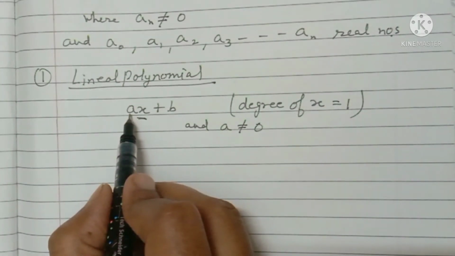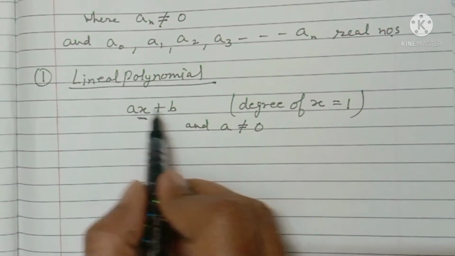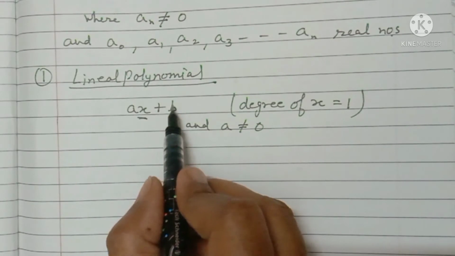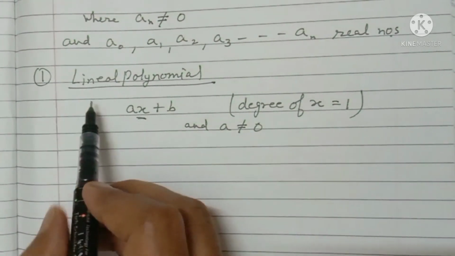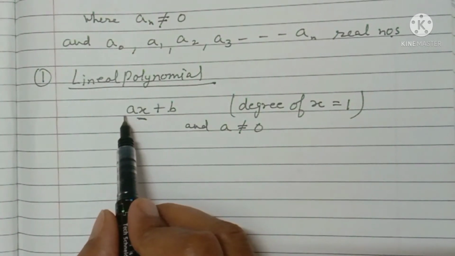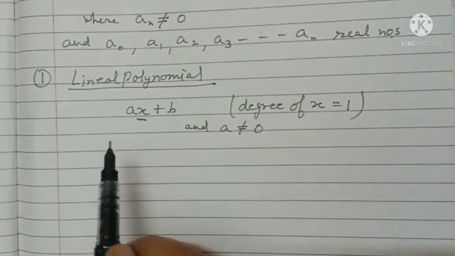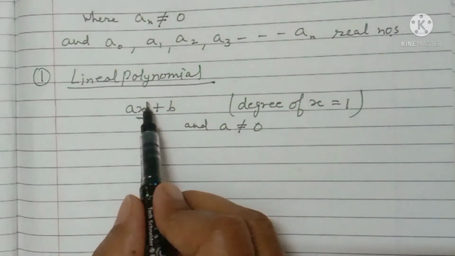If a becomes 0, then this term will be 0, and we only have the constant term. So this is the linear polynomial. For that, a should not be equal to 0. For linear polynomial, degree of x is 1.